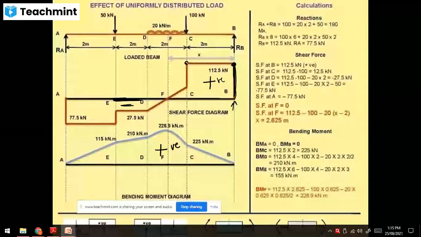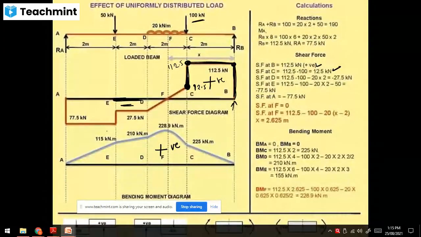Then between B and C there is no load, so there is a horizontal line. Now it is 112.5. Then there is a 100 kilonewton load at point C, downward, so it goes down. The remaining is 12.5 here, right? 12.5 you can see here.